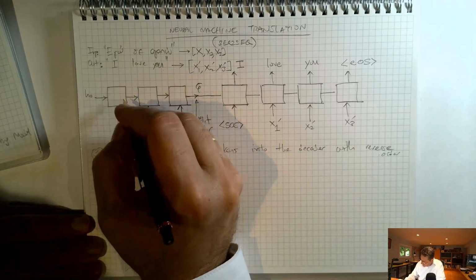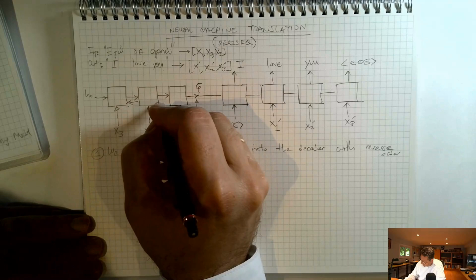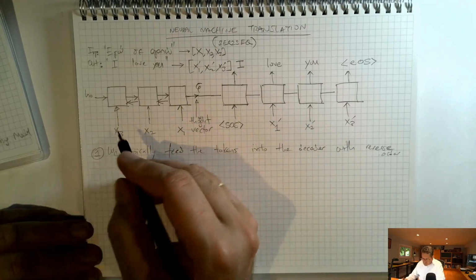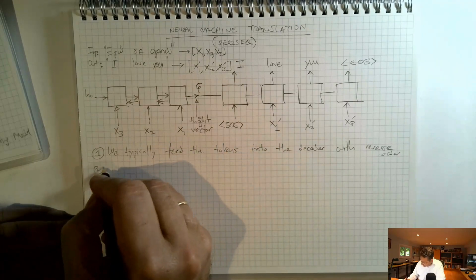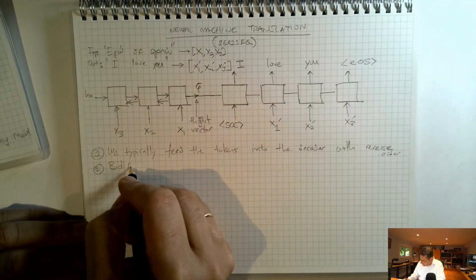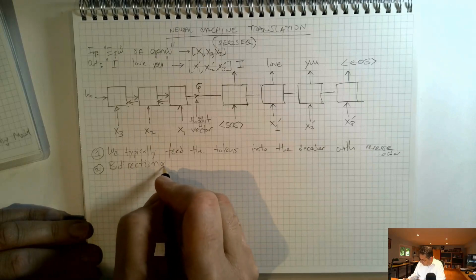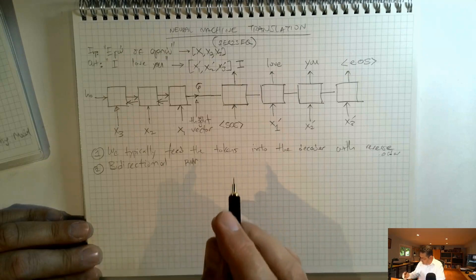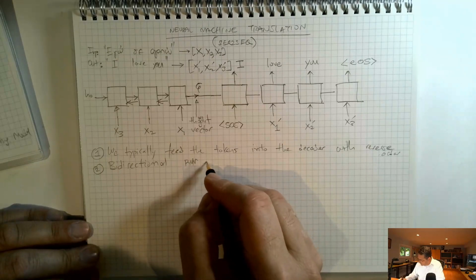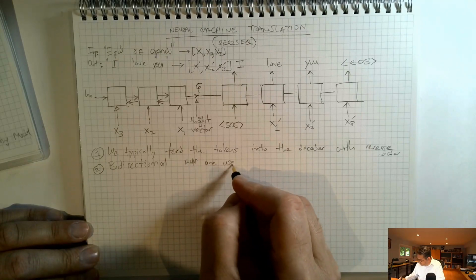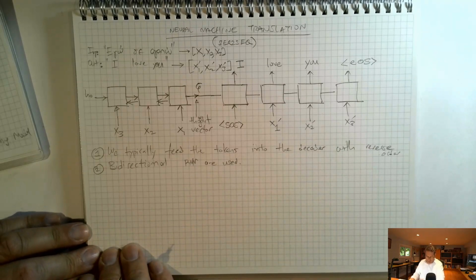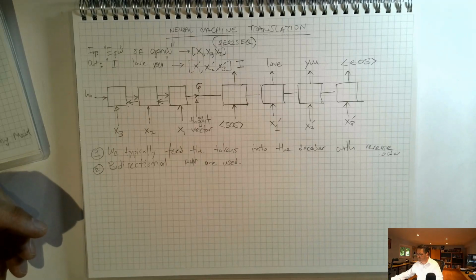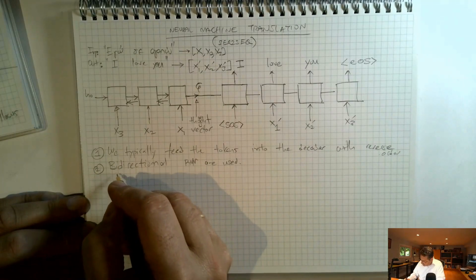Another thing we actually do is implement what is called a bidirectional RNN. Let me write down: bidirectional RNNs are used, and the way to understand that is the following. Let me give you an example. Let's assume that we have two sentences.